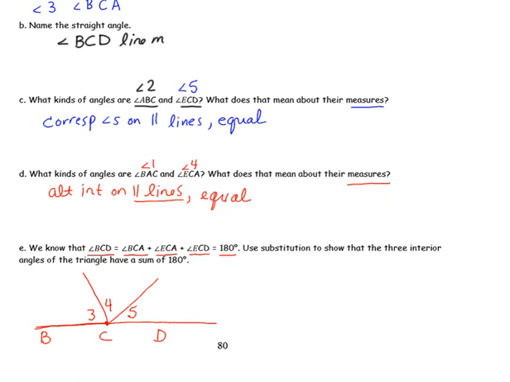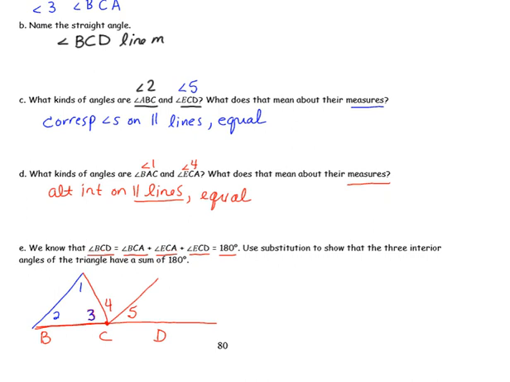Use substitution to show that the 3 interior angles of the triangle have a sum of 180 degrees. Okay, so the triangle, this was angle 1 and this was angle 2. And what we want to prove is that angle 1, 2, and 3 have a sum of 180 degrees.